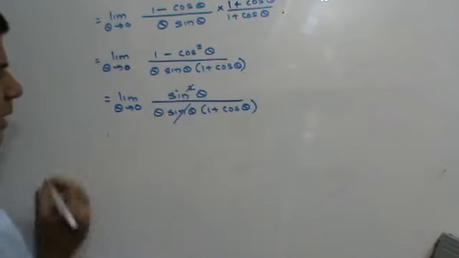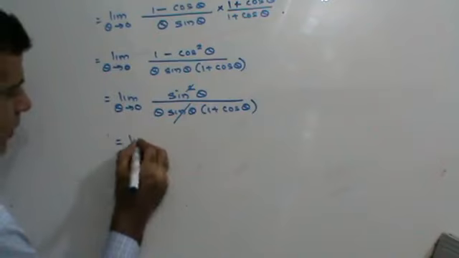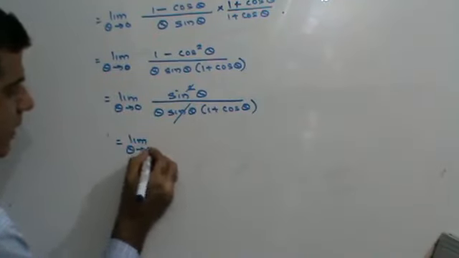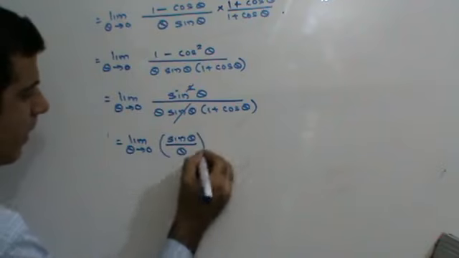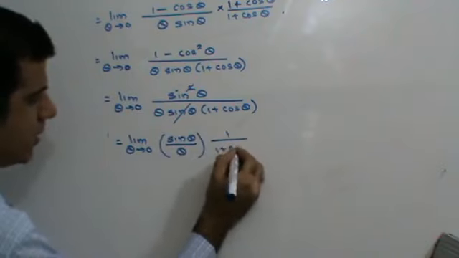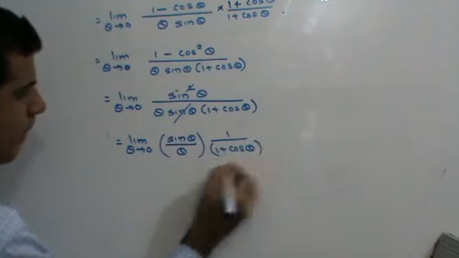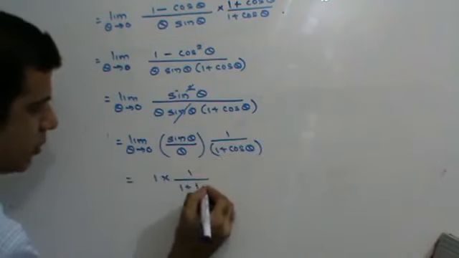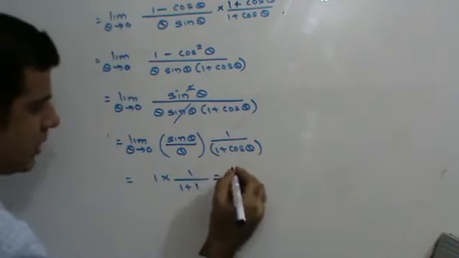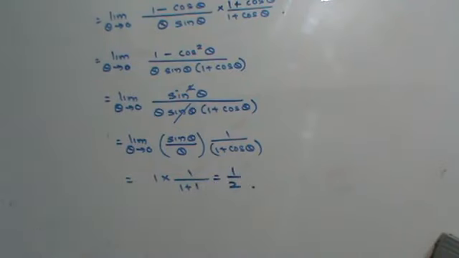Sin theta and sin square gets cancelled. This can be written as limit of theta tends to 0, sin theta upon theta, 1 upon 1 plus cos theta. Sin theta upon theta is 1, 1 upon 1 plus cos of 0 is 1 upon 2. By now you should know this. So this is 1 upon 2.